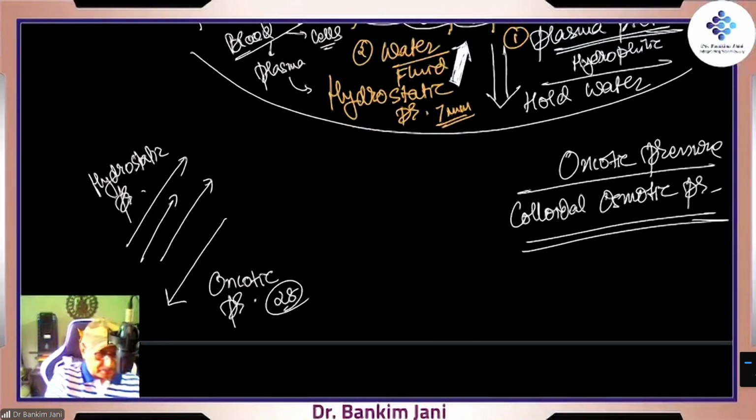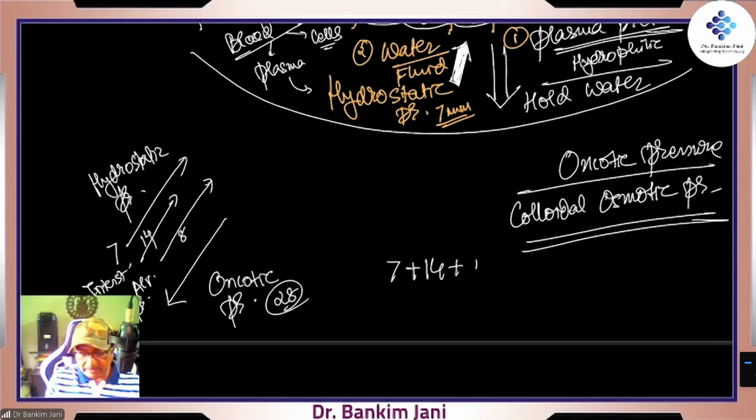That is about 7. Then there is interstitial oncotic, which is 14, and then there is alveolar pressure, which is because of the surface tension, that is 8.